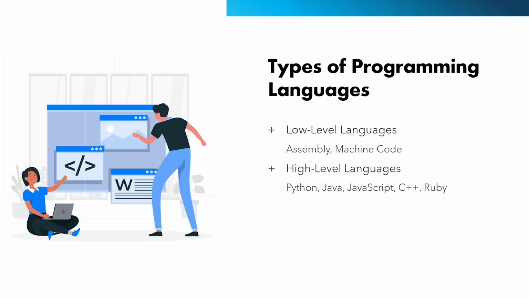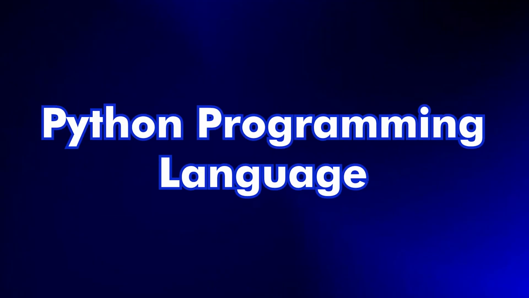For high-level languages, we have programming languages like Python, Java, JavaScript, and so on. We have hundreds of high-level programming languages, but we're going to be learning the Python programming language.